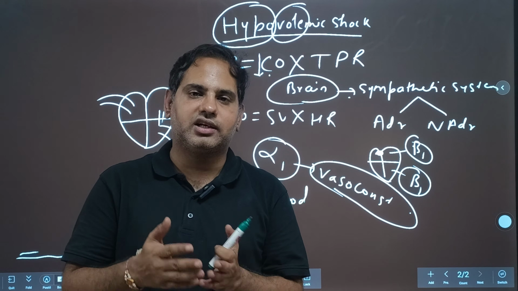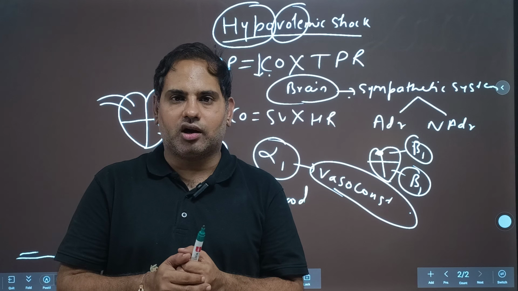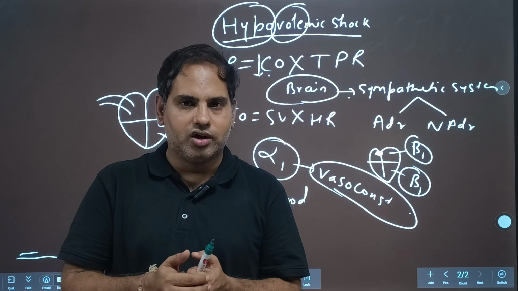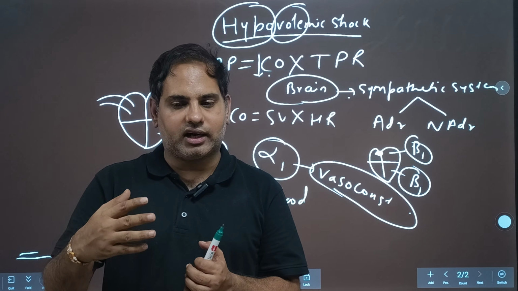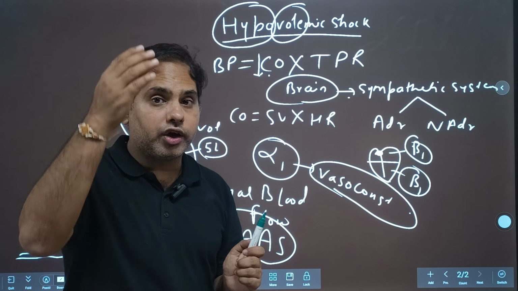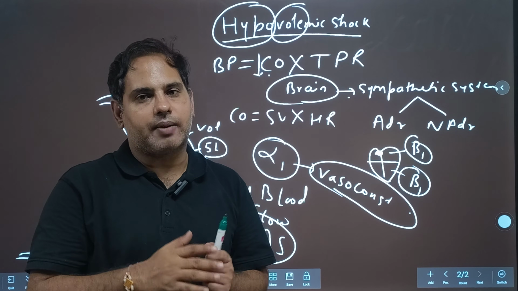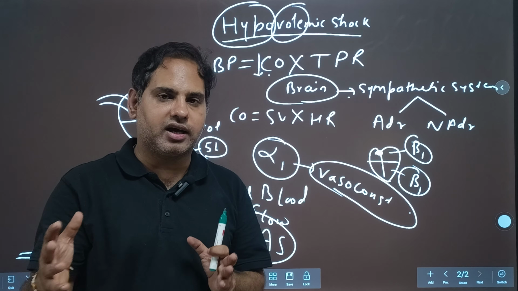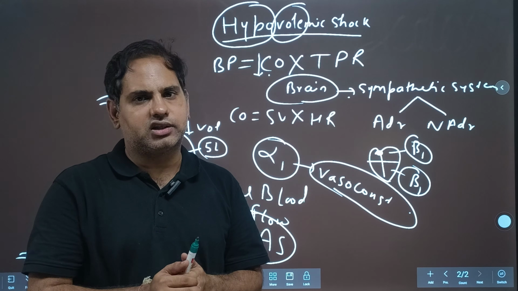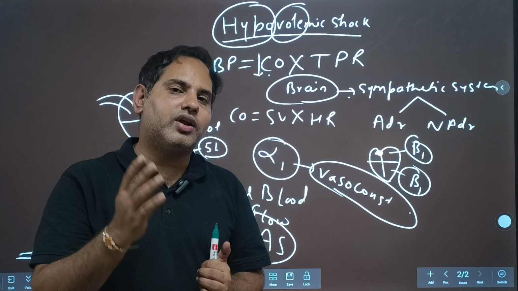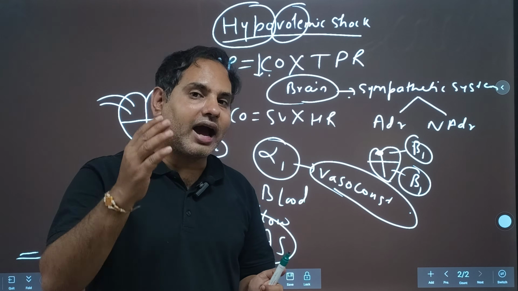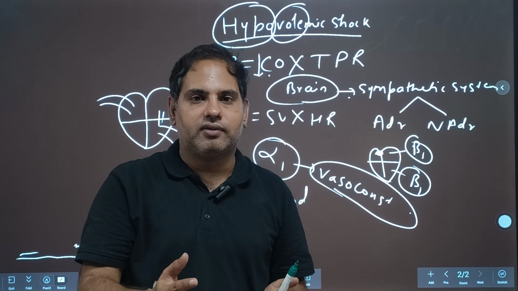For example, the patient is very far from the hospital, you are still on the way, so during that stage, as time passes, this compensatory mechanism is going to fail over time. If you take too much time reaching the hospital, or you get stuck in traffic, or for any other reasons, during that phase slowly and slowly your compensatory mechanism is going to fail.